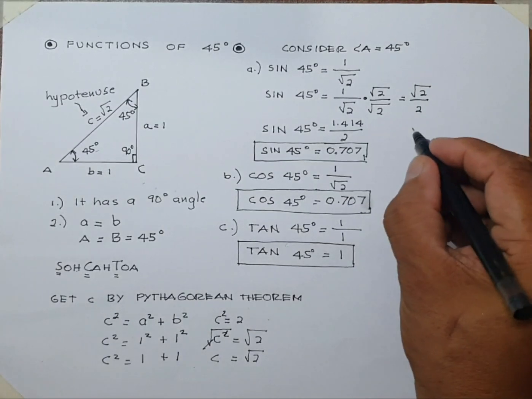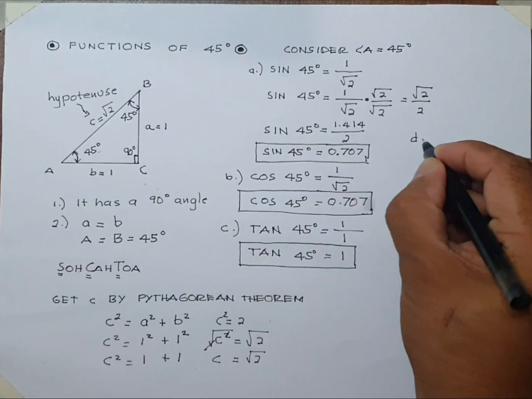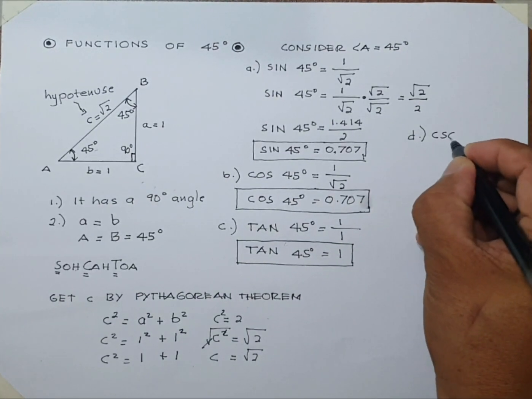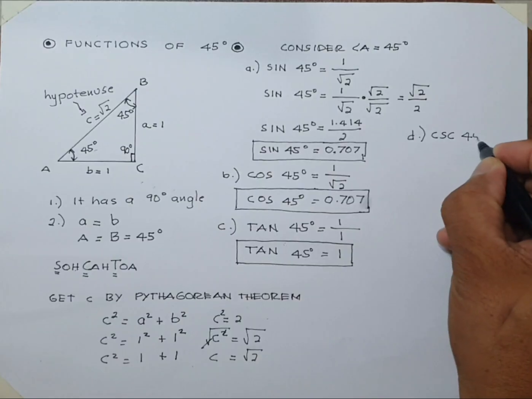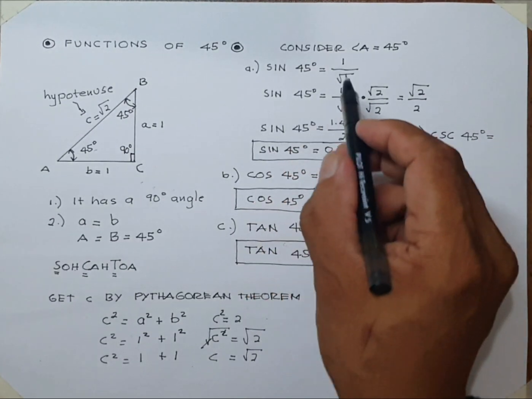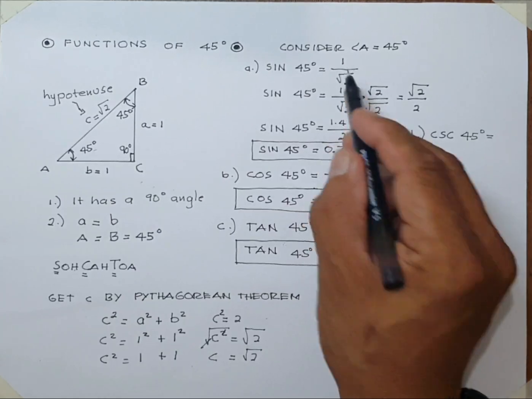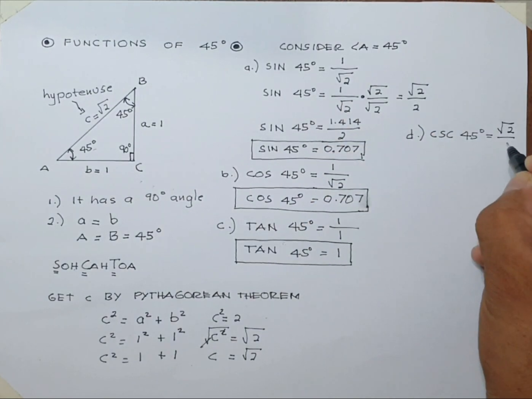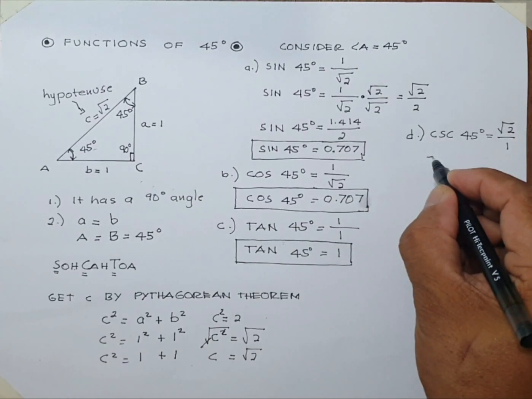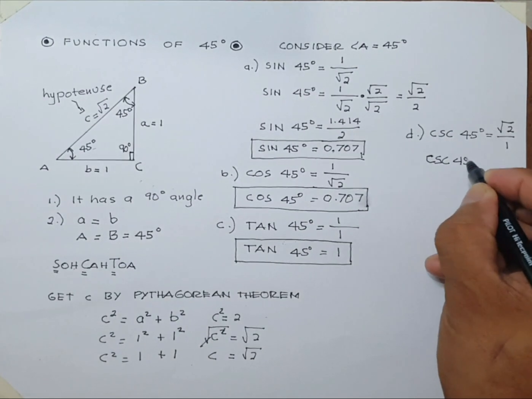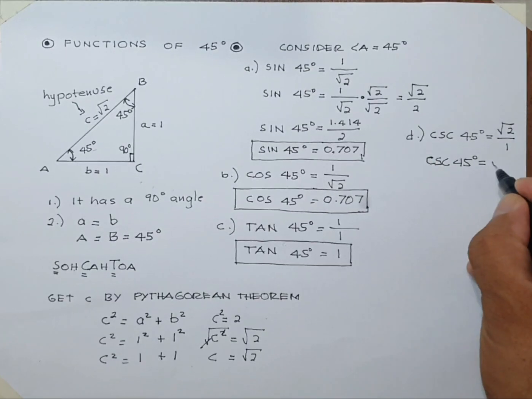Fourth function is cosecant of 45. That is the inverse of sine. So we invert this. It will now be square root of 2 over 1. So CSC of 45 is equal to square root of 2.